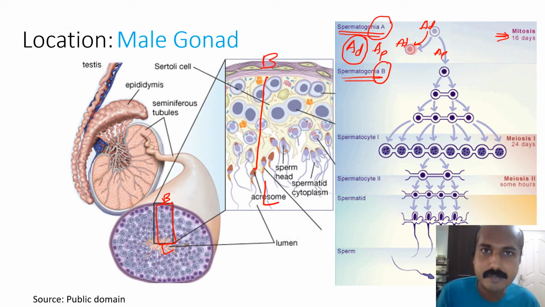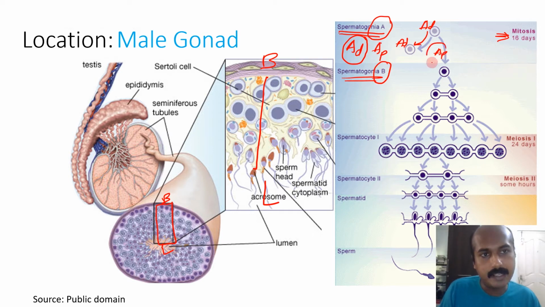Spermatogenesis begins at the time of puberty but continues throughout life. Throughout a male's life, spermatogenesis needs to be carried on, so you need constant replenishing of the stem cells. So this A dark will undergo mitosis to recreate and replenish the A dark stem cell population.